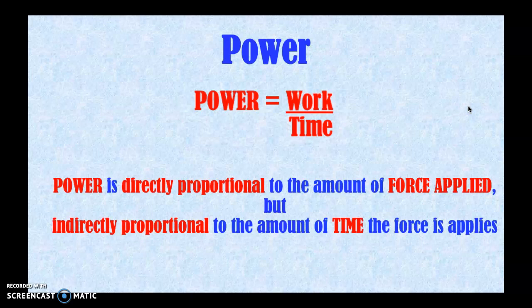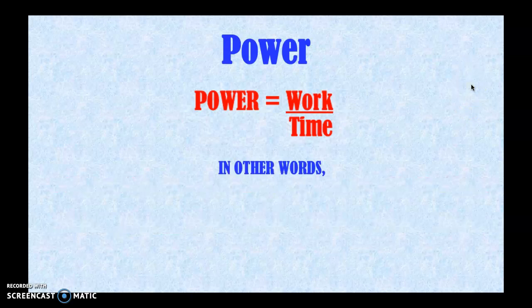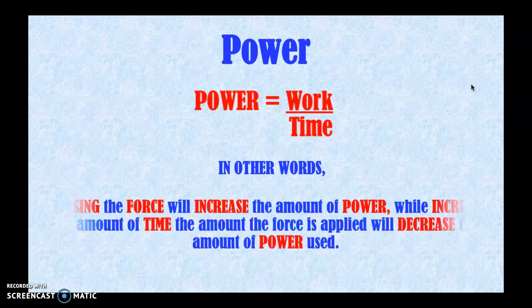Now, what does this equation mean? It means that power is directly proportional to the amount of work done, but inversely proportional to the amount of time that the work takes. So again, what does that mean? How can we put that another way? Increasing the work will increase the power.